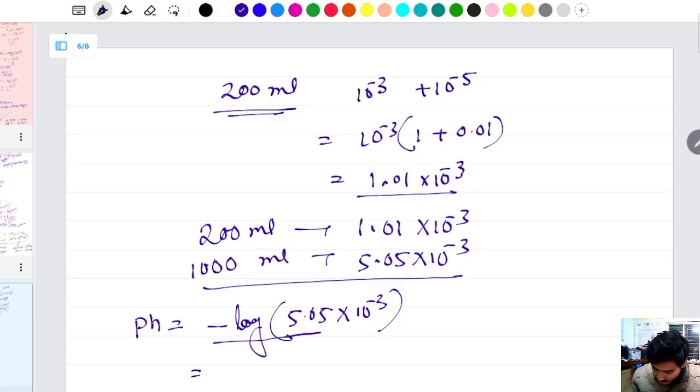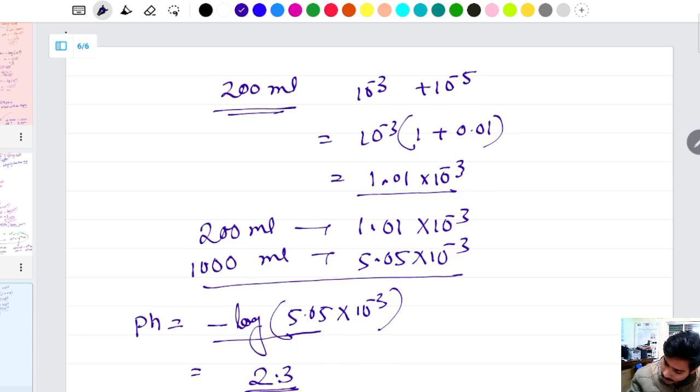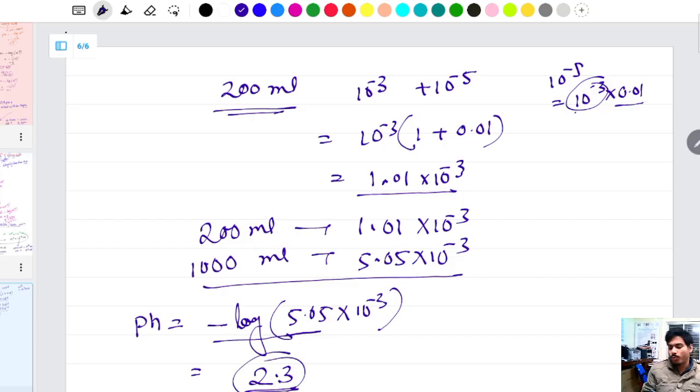If you put it in the calculator, it will be like 2.3. If you cannot understand the 10 to the power minus 5, it means 10 to the power minus 3 into 0.01, then it will be in the outer part, and so the pH will be 2.3.